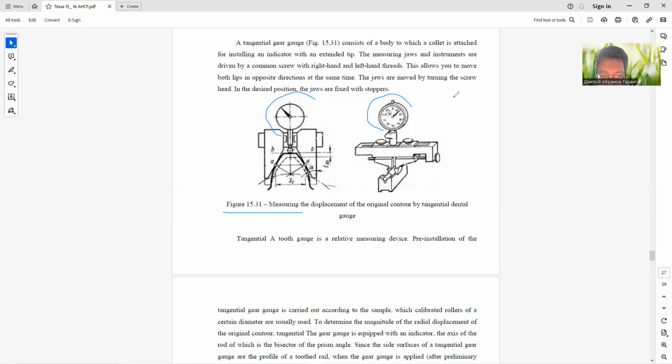Tangential tooth gauge is a relative measuring device. Pre-installation of the tangential gear gauge is carried out according to a sample, for which calibrated rollers of a certain diameter are usually used.